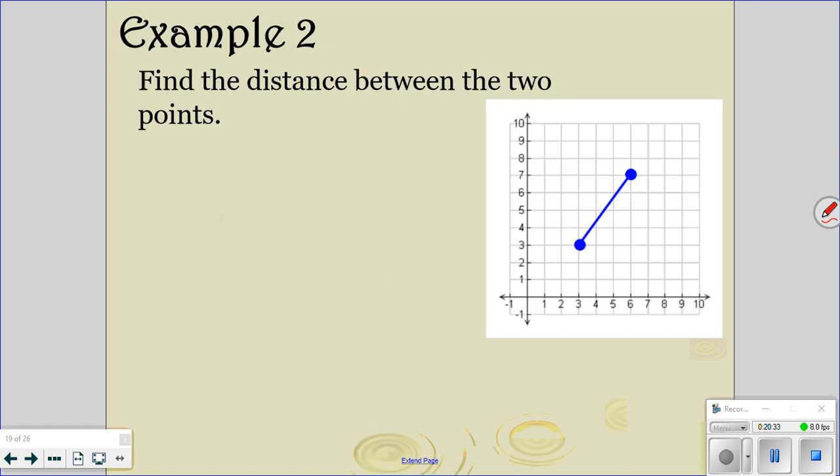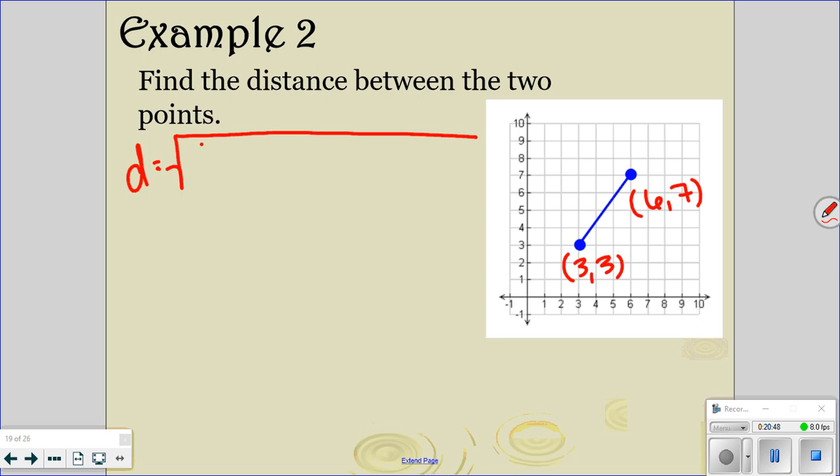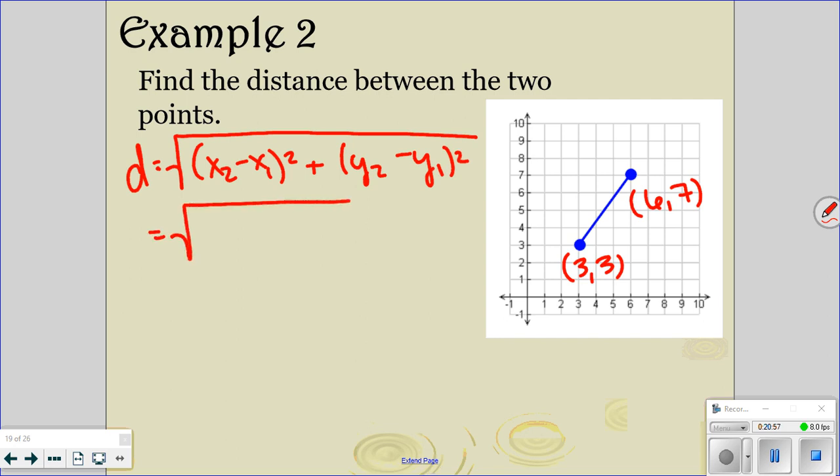So we're going to practice this. Find the distance between the 2 points. So this point is 3, 3, and this point is 6, 7. So our distance formula is x2 minus x1 squared plus y2 minus y1 squared. So my x2 I'll say is 6, my other x is 3, so 6 minus 3 squared.